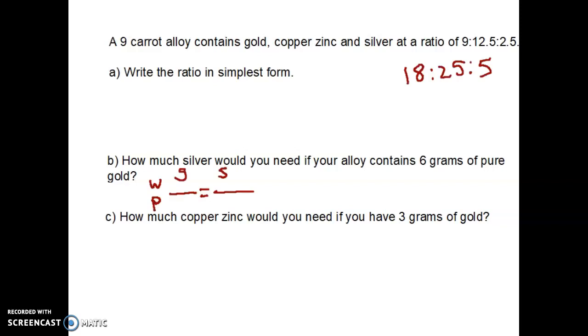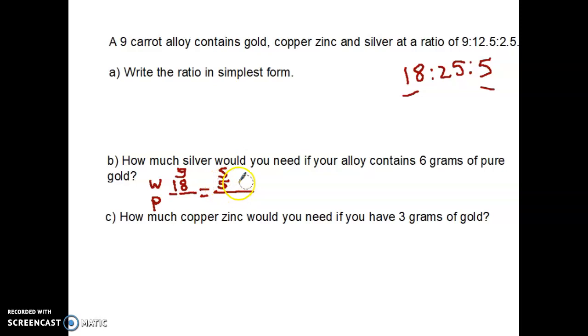The next one, how much silver would you need if your alloy contains 6 grams of pure gold? And I already set this up where W is the whole, P is the part, G is gold, S is silver. That's a good way to keep the proportion organized. So the ratio of gold to silver is 18 to 5. So I just put that as whole.